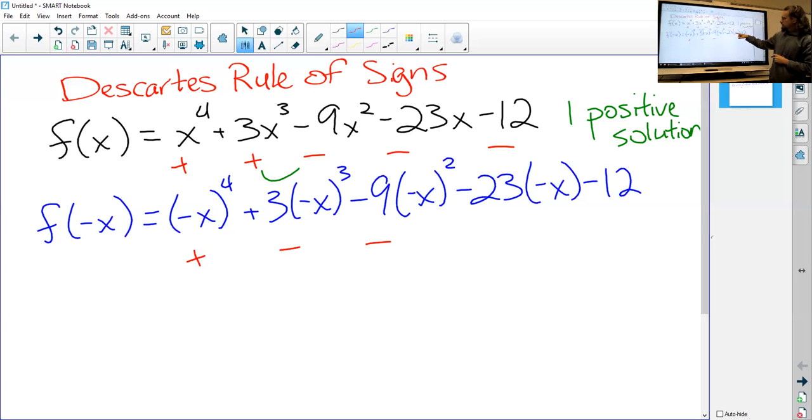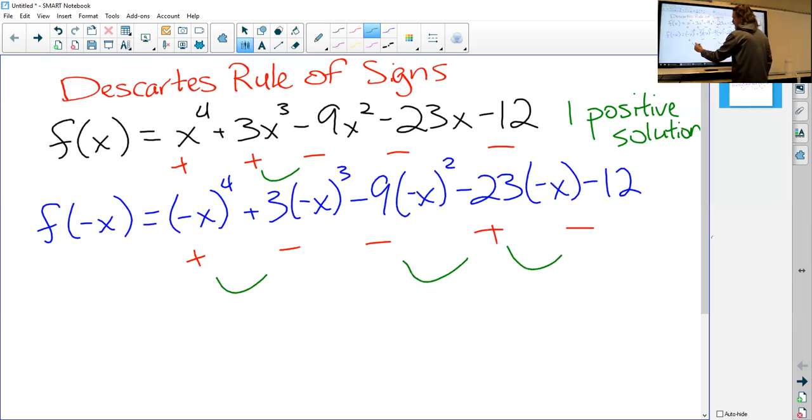Negative 23 times negative x is going to be positive. And then minus 12, so it goes back to negative. All right, so I count up all my changes. I have one change here, it comes back to positive, back to negative. So that is 1, 2, 3 total changes.